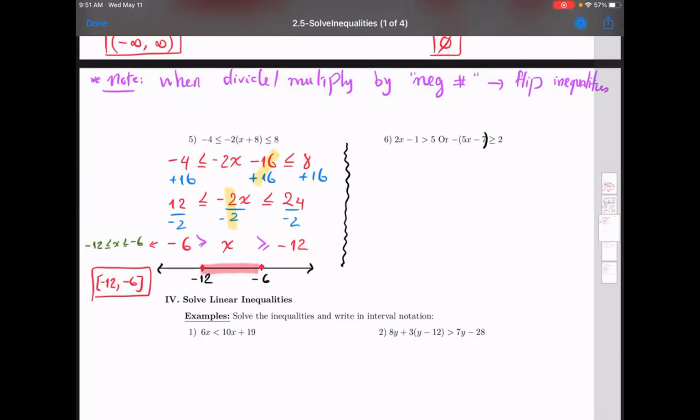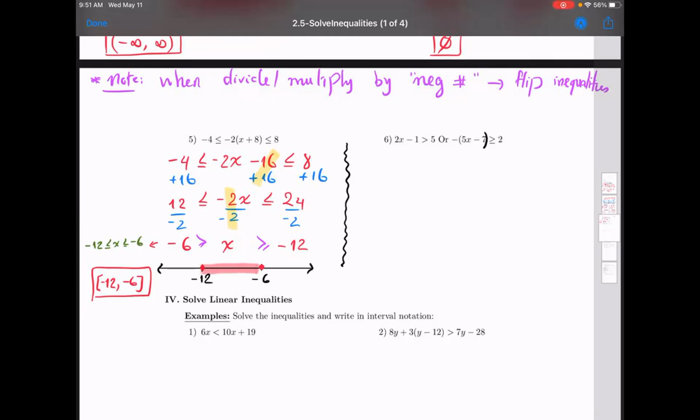Solve separately, right? We have 2 statements. But you have the right idea. See what people got. Very good. Wow, you guys are fast on Zoom.